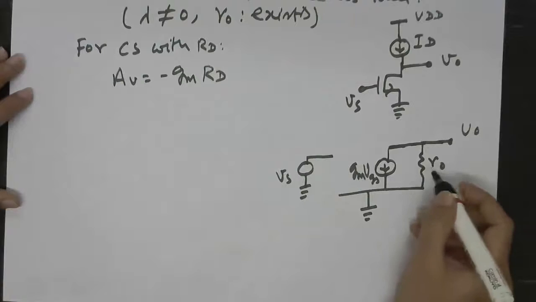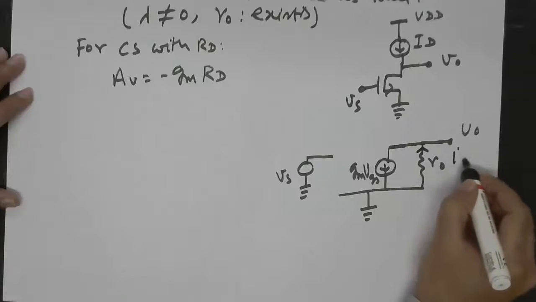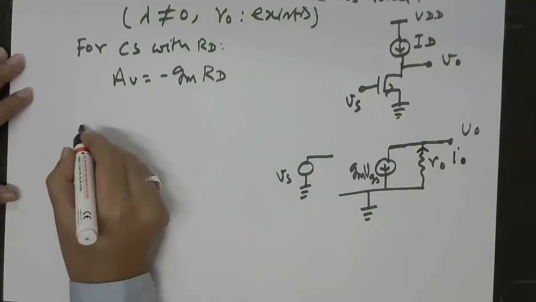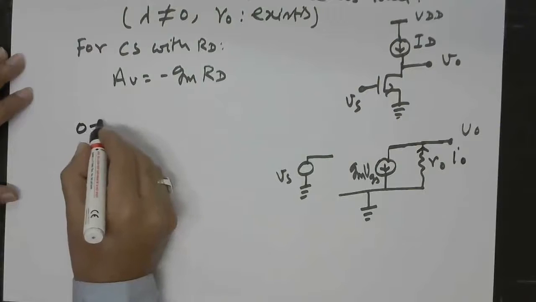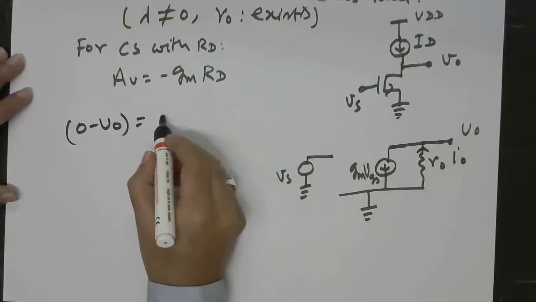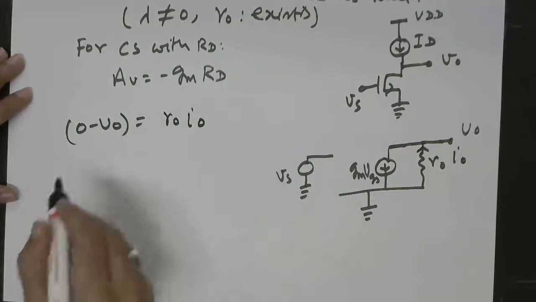So now we want to know what is the output. We know that 0 minus VO, voltage across R0, is going to be R0 into I0.